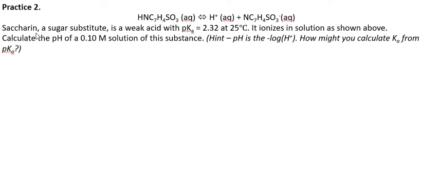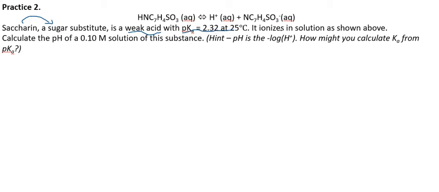Saccharin, a sugar substitute, is a weak acid with pKa equals 2.32 at 25 degrees Celsius. Okay, so saccharin, sugar substitute, a weak acid, and it's got a pKa of 2.32.